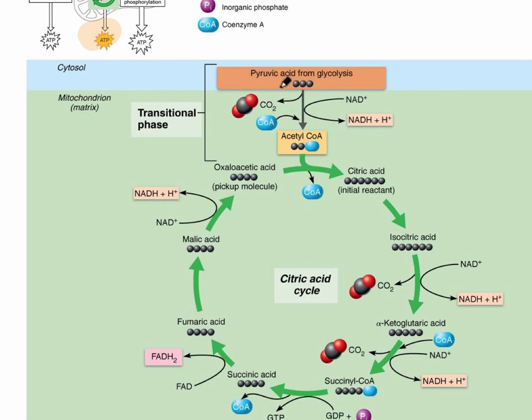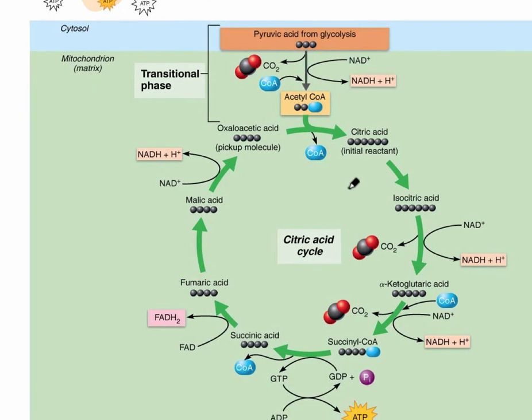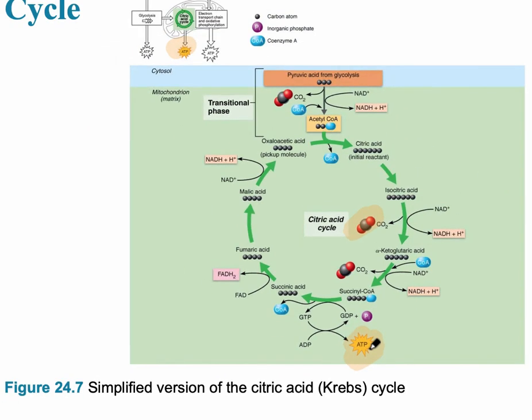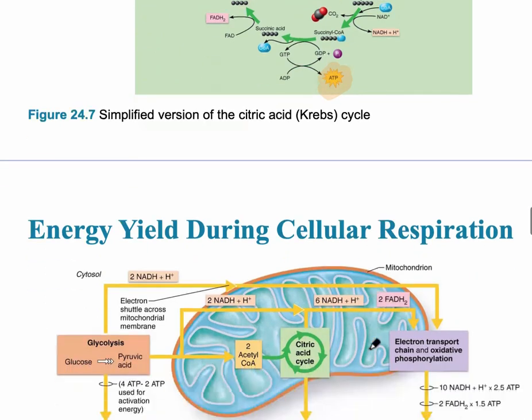So that pyruvic acid, there's a transition where it's converted to a chemical called acetyl-CoA, and it enters the Krebs cycle or the citric acid cycle. Both are the same. And the end result is there's some carbon dioxide as waste that's produced. And there's also a couple ATP that are produced, but not as much as the electron transport chain.